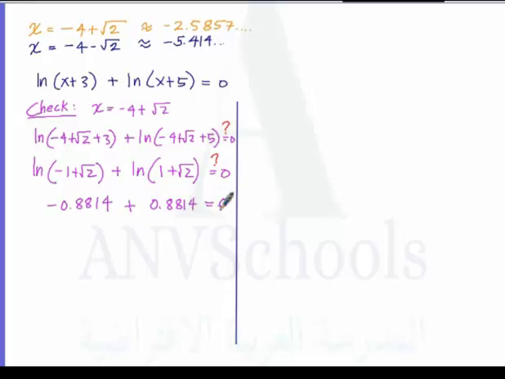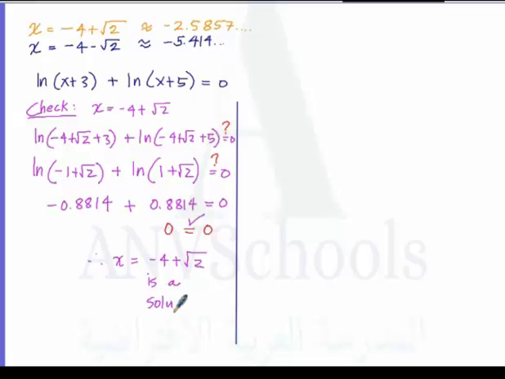Indeed, as you can see, the left side is equal to 0, so it is a valid argument, and this makes us believe that x is equal to negative 4 plus square root of 2 is a solution.